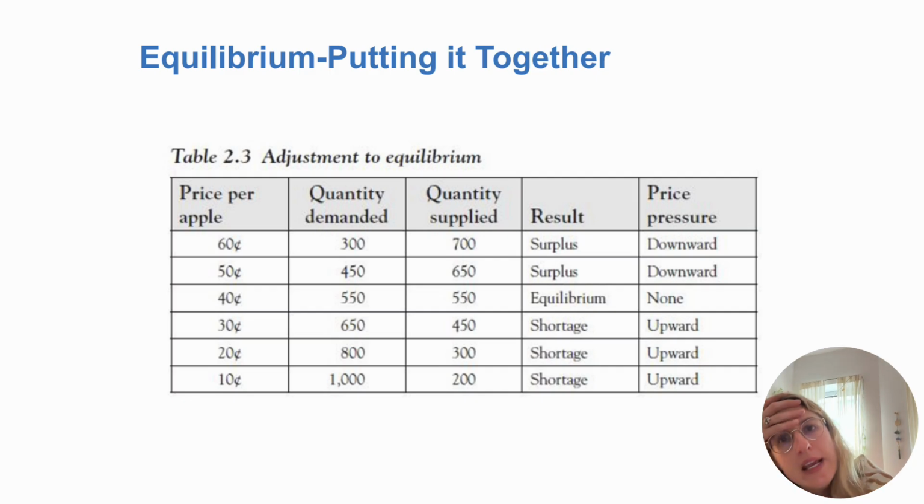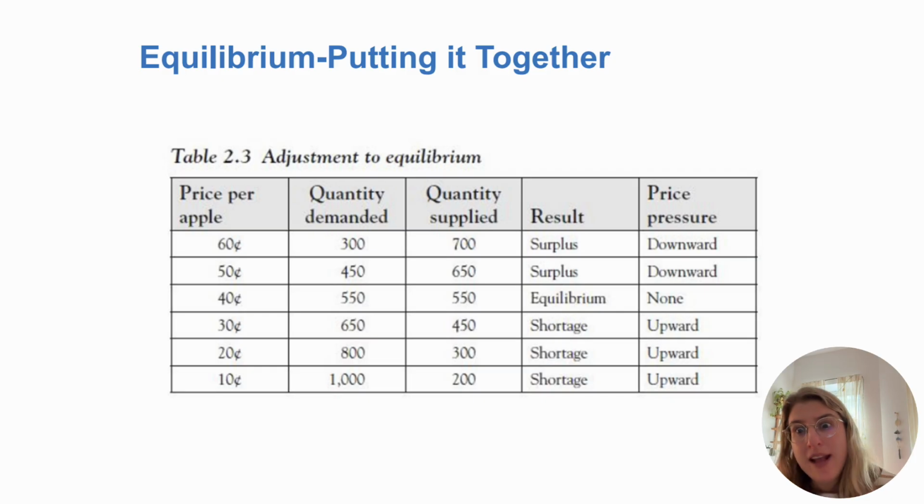So let's bring supply and demand together. This table shows what happens at different prices for apples. At high prices, say 60 cents per apple, suppliers want to sell a lot, but consumers don't want to buy as much.